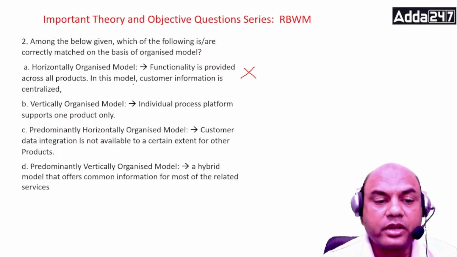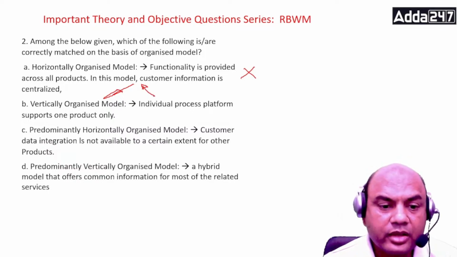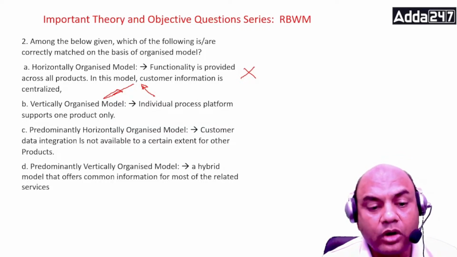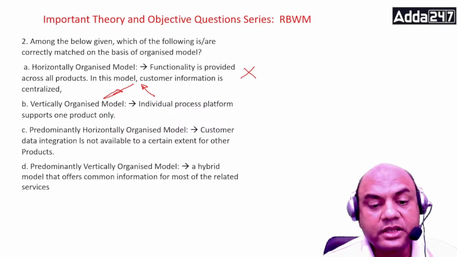This should come over here, and this should go over here. Predominantly horizontally organized: customer data integration is available to a certain extent for other products. And vertically organized: a hybrid model that offers common information for most of the related services.